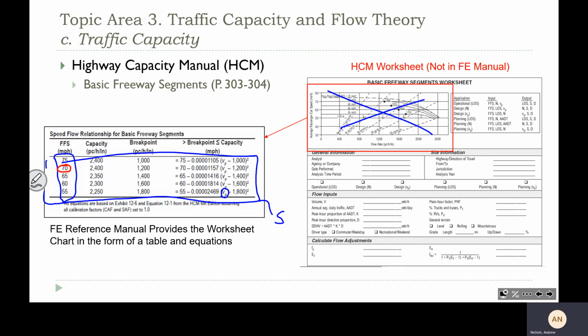How many cars do we have to have, at a free flow speed of 70 miles an hour, before this? How many cars must be on the roadway for the speed to start breaking down?